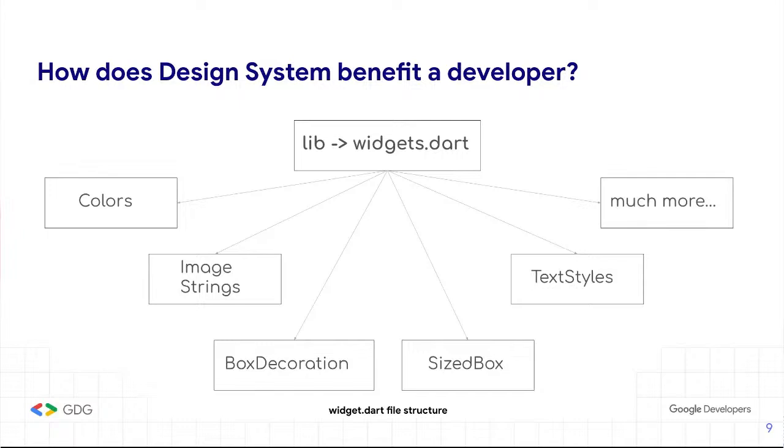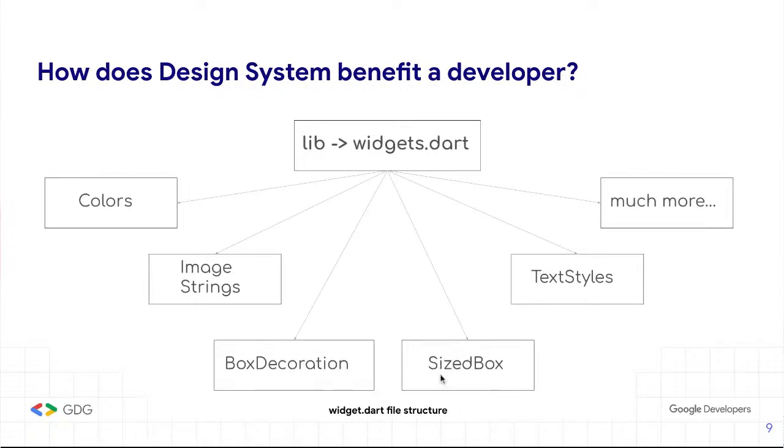So whenever you are defining a button, let's say there is a box decoration in it, and that button is going to be used in 10 different places, right? So just define the box decoration in widgets.dart and just use that decoration in the buttons.